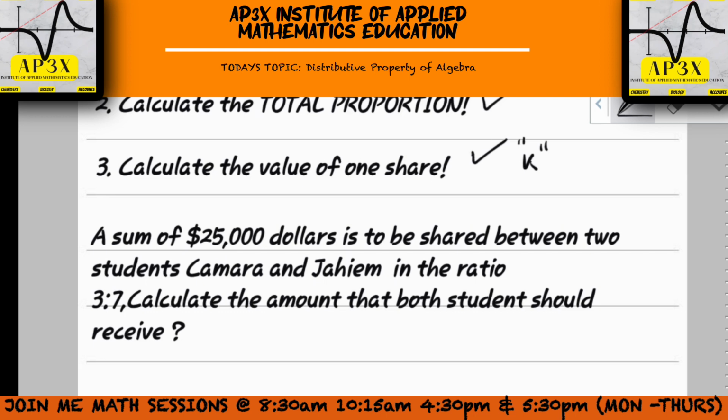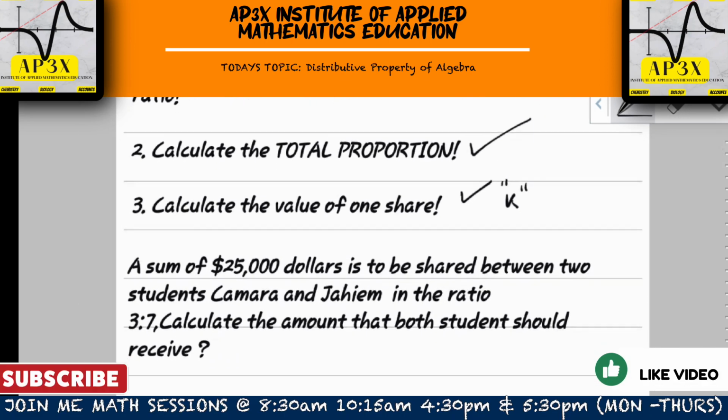We cannot proceed without finding k. Same here. It's very challenging to determine anything that they're going to ask you without knowing the value of one share. All right, so that is pretty much the introduction and the steps required to solving ratio.